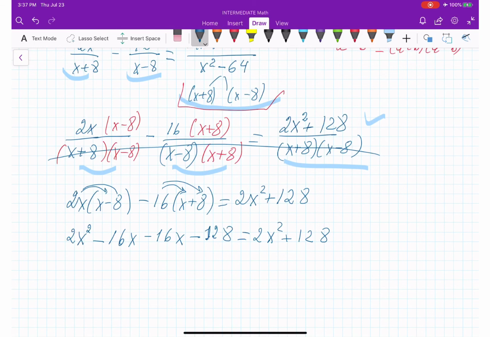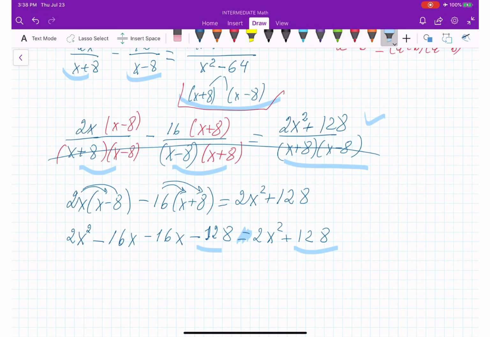You don't dare to cancel negative 128 and positive 128 because they are on different sides of the equal sign. So if you move one or another, you will get the same sign and you will end up adding them. Okay? All right.